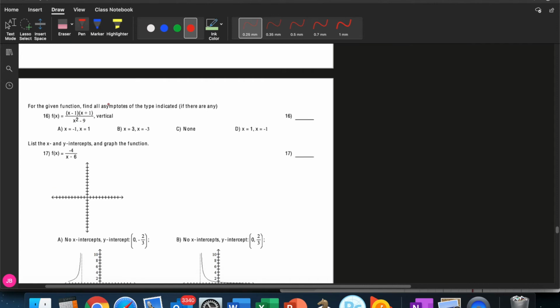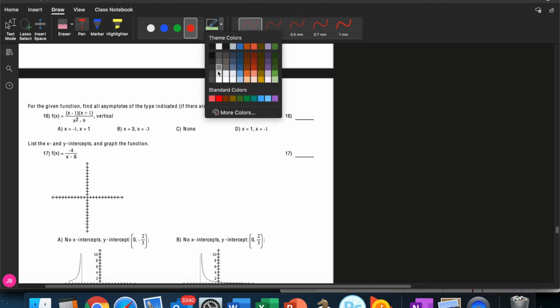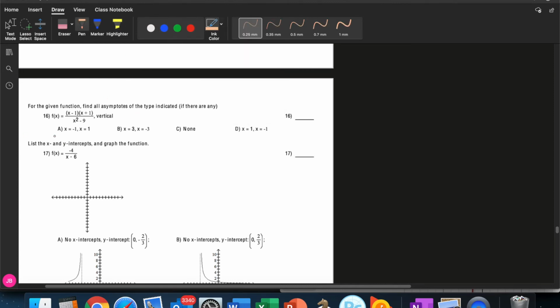Next one says, for the given function, find all asymptotes of the type indicated if there are any. Now they're asking for vertical asymptotes. So for vertical asymptotes, you actually go ahead and set the denominator equal to 0. So we go ahead and take x squared minus 9 and set it equal to 0.